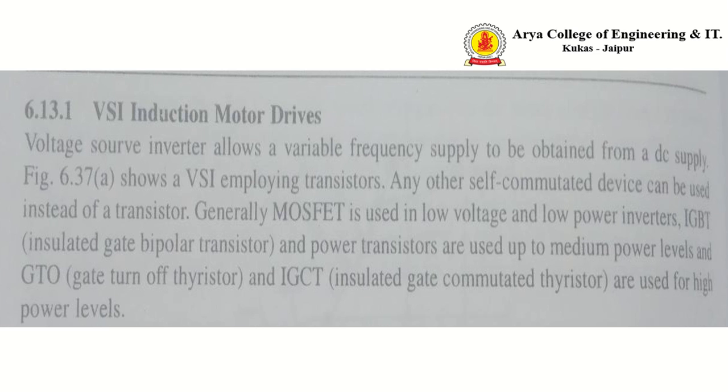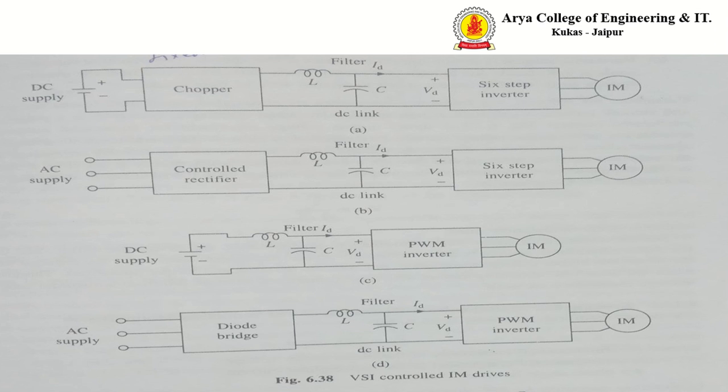The voltage source inverter induction motor drive. The subtopic is that a voltage source inverter allows a variable frequency supply to be obtained from a DC supply. This is shown in the figure. The voltage source inverter uses transistors, but any other self-commutated device can be used instead of a transistor.